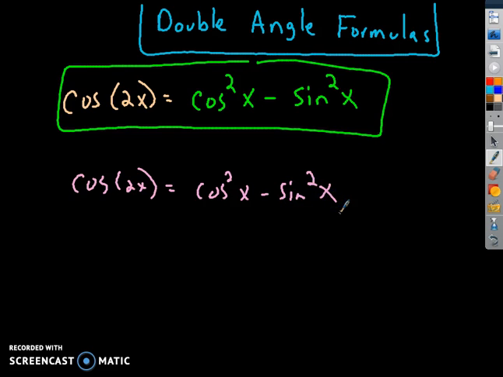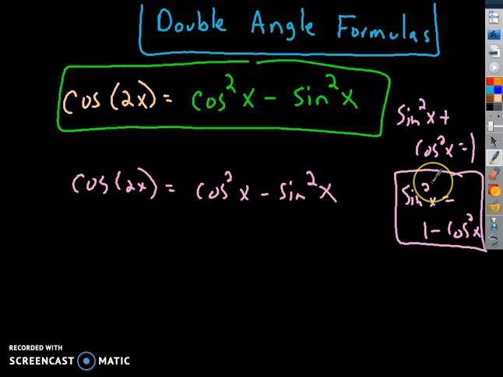Now, the Pythagorean identity says sine squared plus cosine squared equals 1. We've solved this for sine, so sine squared x equals 1 subtract cosine squared x.